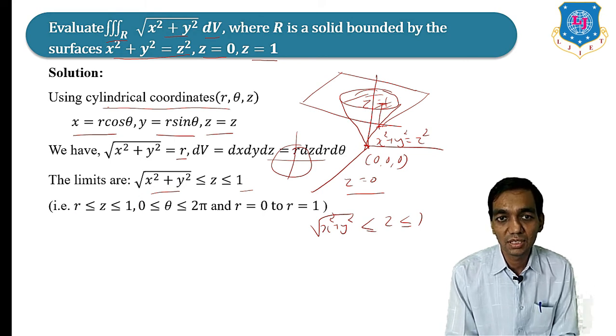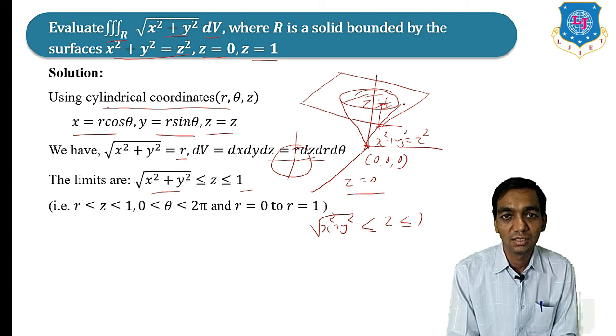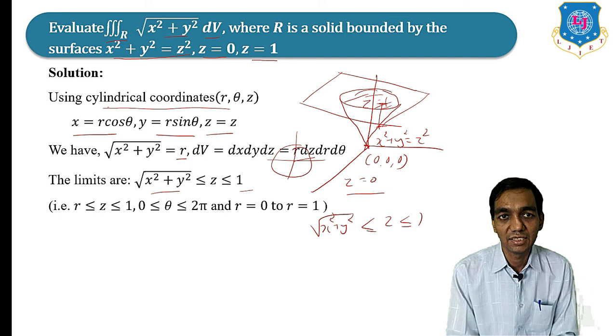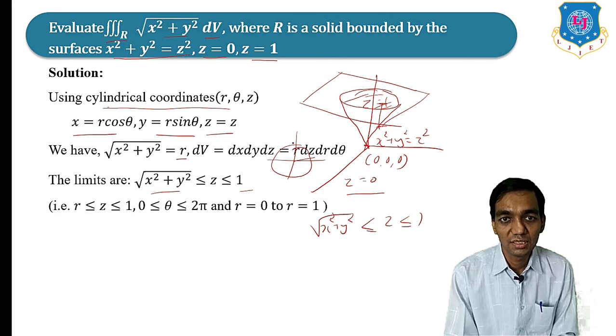Now you have a whole circle, so the limit of r will be from 0 to the circle. Here this circle is x square plus y square is equal to 1 because you have cut it with the z is equal to 1 plane. So if you draw this projection, this curve is x square plus y square is equal to 1. Correct?